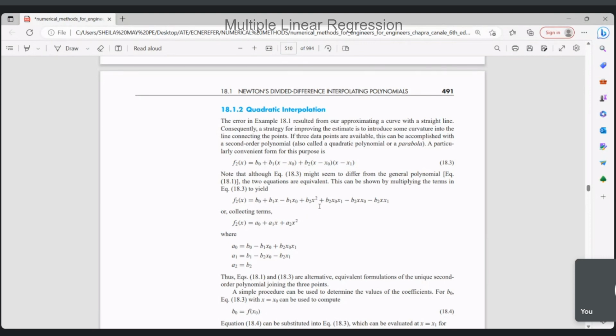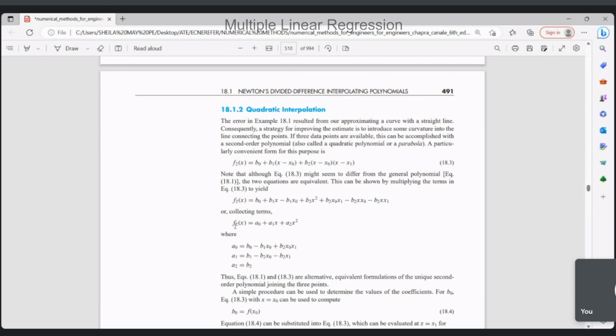And mo as B2x squared plus B2x0 x1 minus B2x x0 minus B2x x1. Right? Kay kung imo ning i-distribute sa x times x, that's x squared. X times x1, that's xx1 here. And in here, x0 times x, that's x sub 0. Then x0, x1, this one here. Tagsa-tagsa ang term of B2, muna na siya ang answer for this part here.